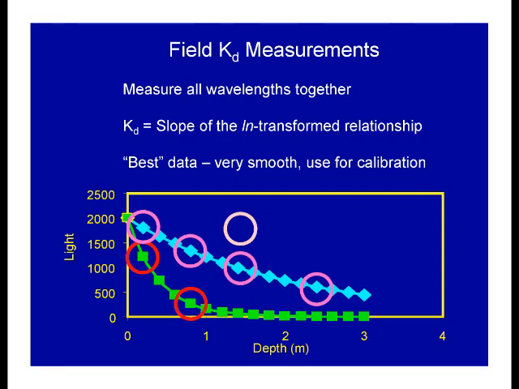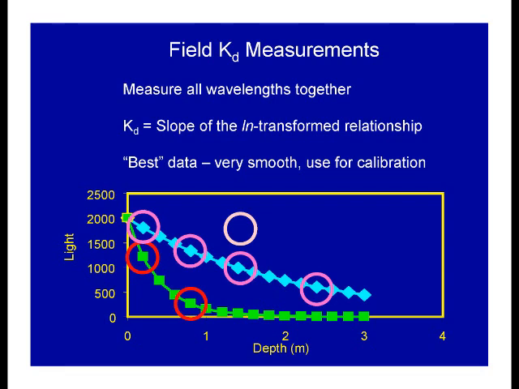Before I go on to the spectral model, I do want to talk a minute about the field measurements, because this is truly one of the keys to getting a good spectral model. The sensors that we use in the field measure all wavelengths of light together, irrespective of whether it's red, blue, or green. If you make multiple measurements in the water column, you'll see a smooth progression of light being consumed as you go down through these depths. This lower picture is light consumed relatively fast, and so that's a high attenuation coefficient.